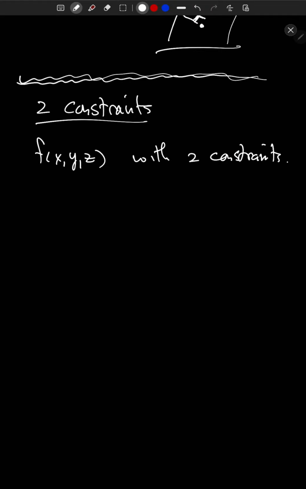Okay, so first of all, I'm talking about 3 variable functions with 2 constraints, because if you have 2 constraints, that's 2 equations. We're going to be talking about optimizing, finding the maximum and minimum of f on a curve in space. So we're now trying to find the maximum and minimum of f.